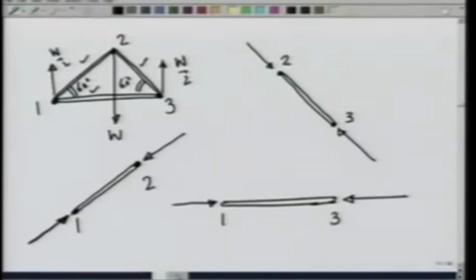Now I know that pin 1 is in equilibrium. Pin 1 has a force acting on it which is W by 2.